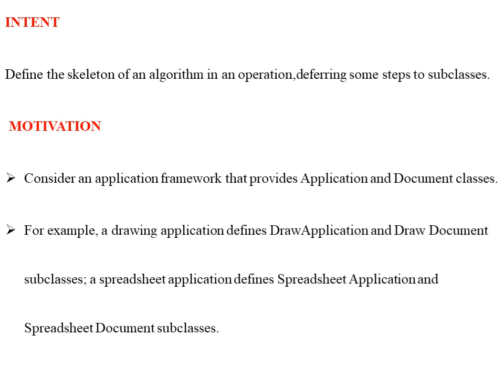For example, a drawing editor, MS Word or an Excel sheet. Here I am taking the example of a drawing editor, Paint, which defines a draw application and draw document.